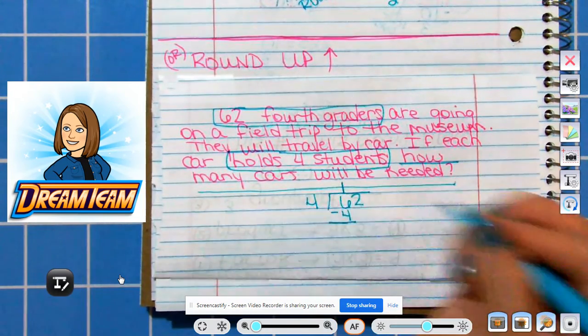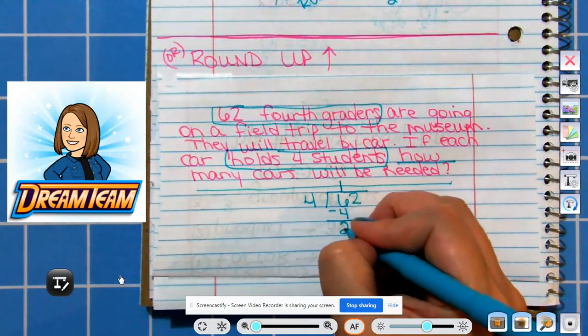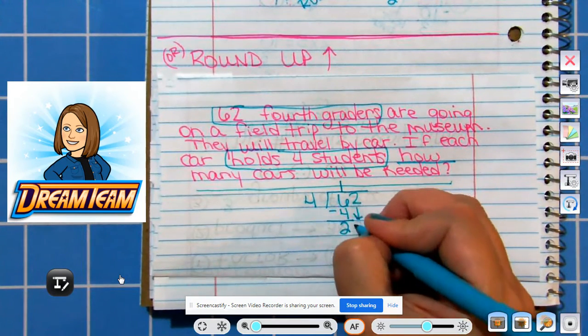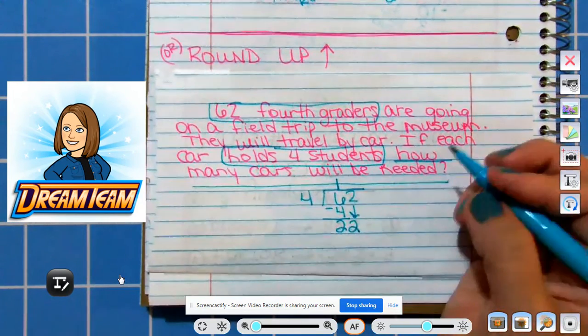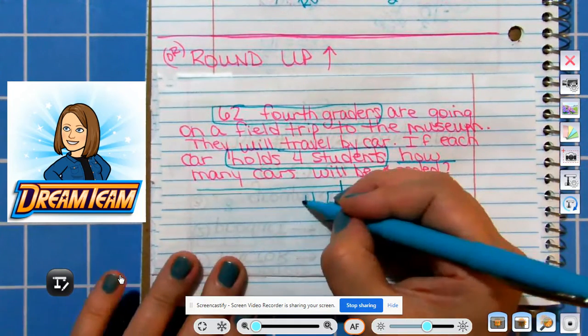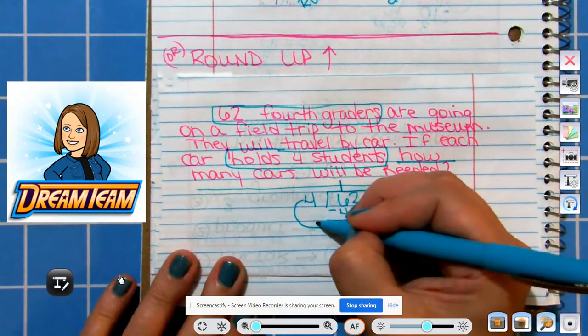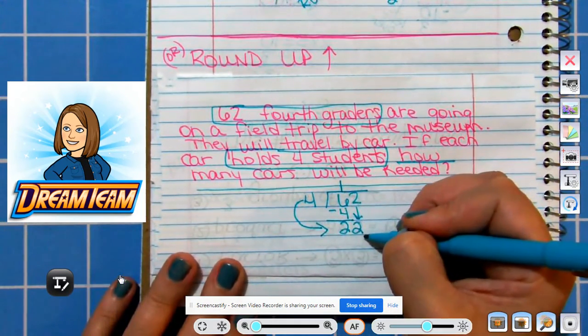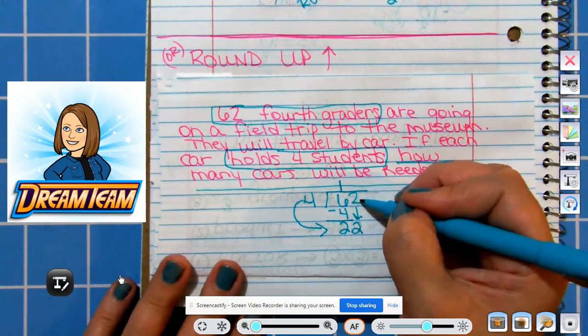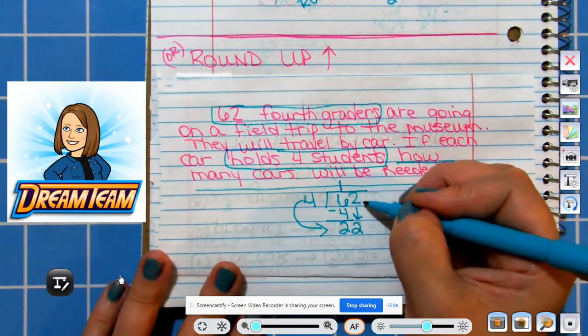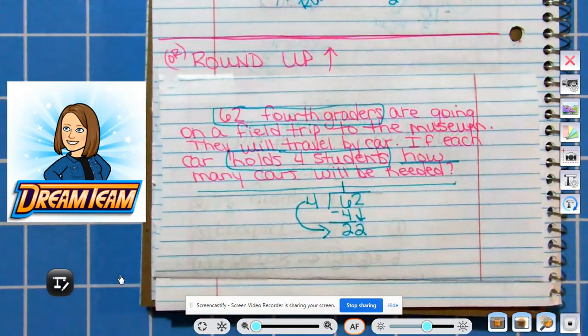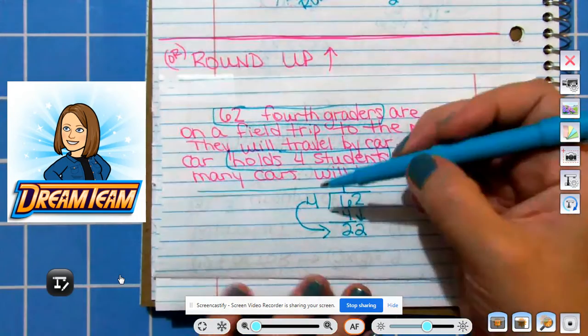So it's one group of 4 is 4. 6 subtract 4 is 2. And we're going to bring down. So now we're going to divide up this 22. That's what's left out of the original 62 students. We have 22 left that we have to divide into groups of 4.